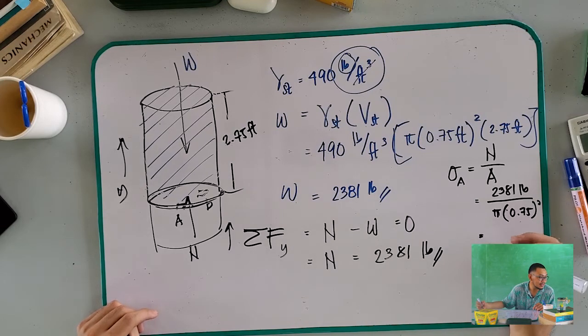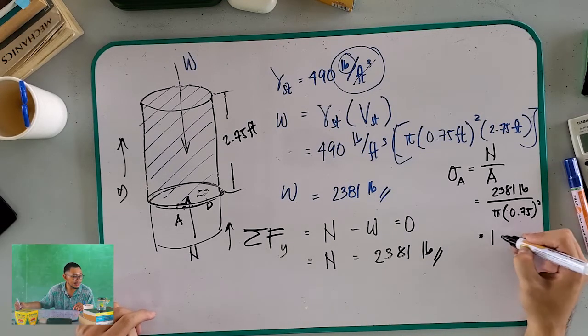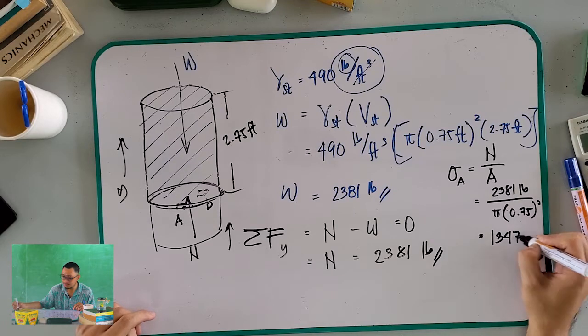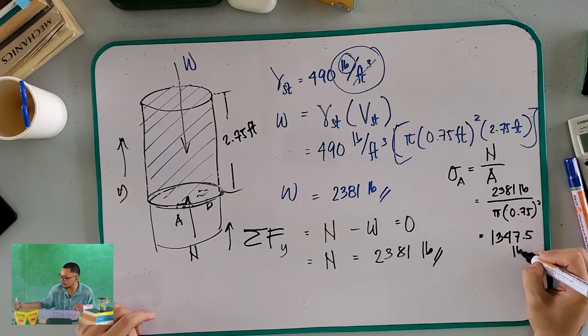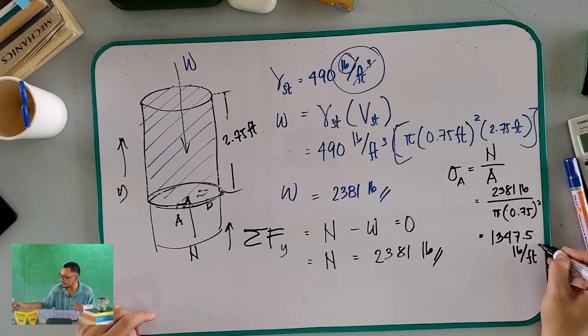And we have the answer of 1,347.5 pounds per feet squared.